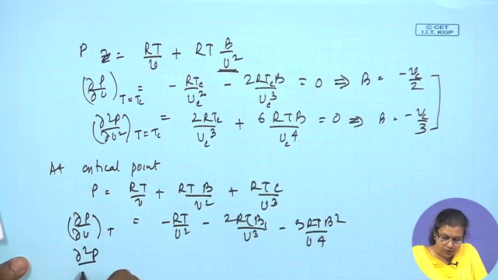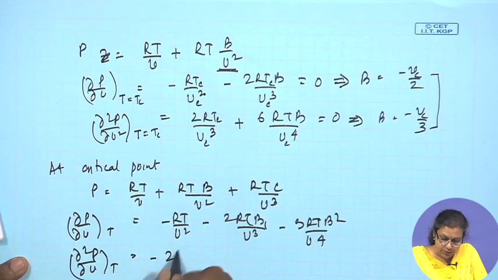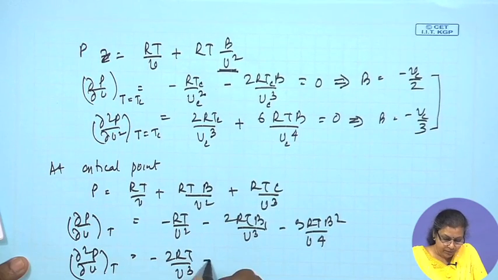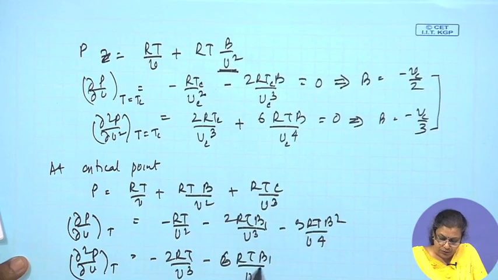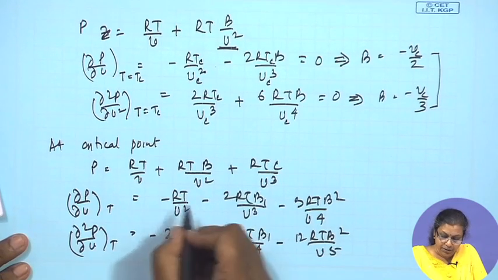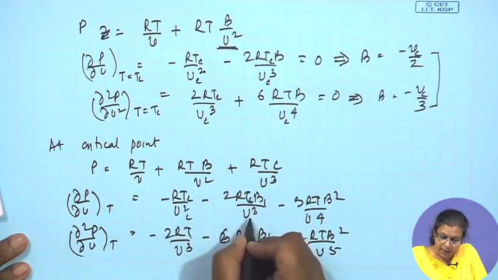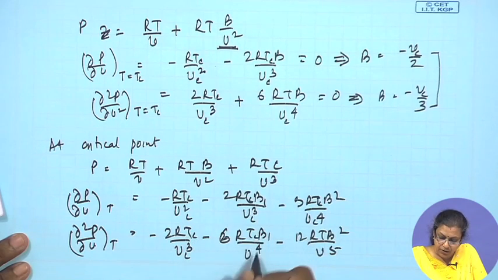Again, if we differentiate once more, this equation becomes 6RTB1 by V to the power 4 minus 12RTB square by V to the power 5. At the critical point, again I would like to substitute everything with the critical constants.